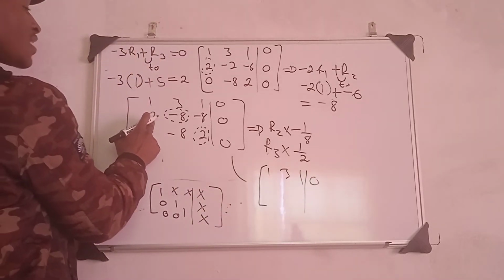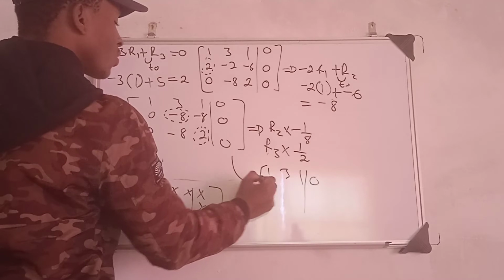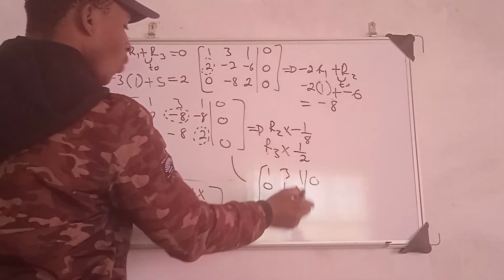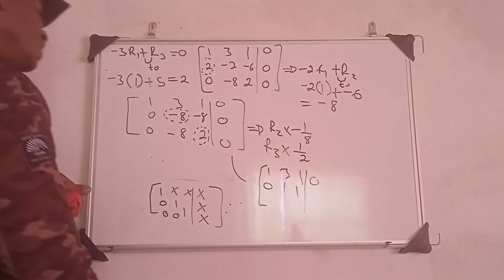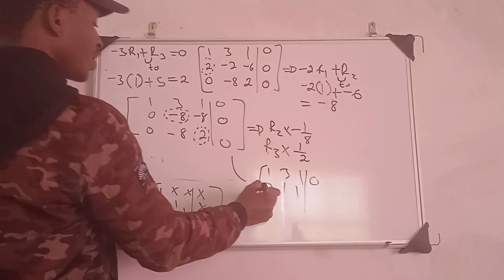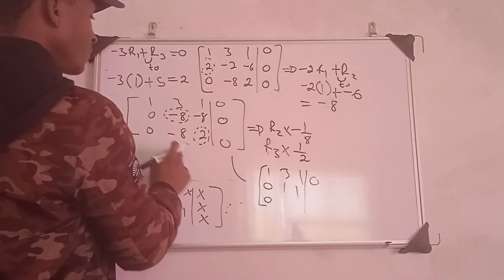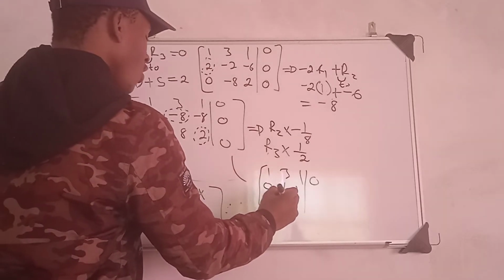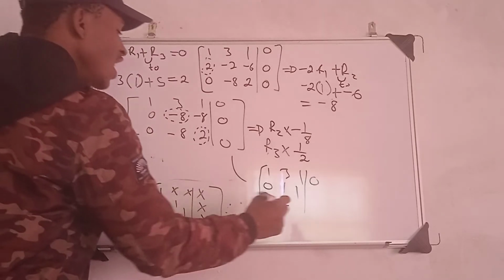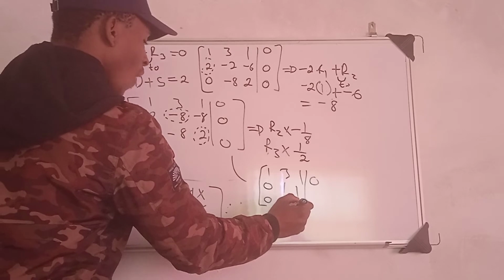But if I multiply 0 by minus 1 over 8, I'm getting 0. This one I'm going to get 1. And even here I'm going to get 1 when I multiply by minus 1 over 8. But if I multiply by 1 over 2 here, I'm getting 0. And here, I will get minus 4. And here, I will get 1.